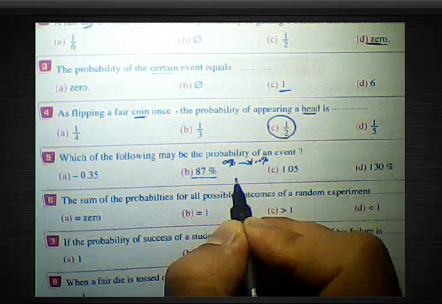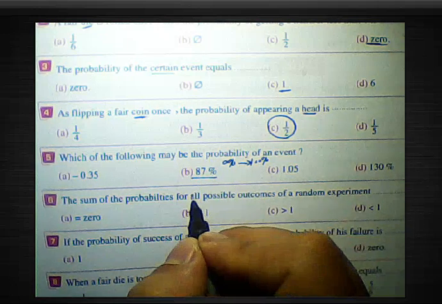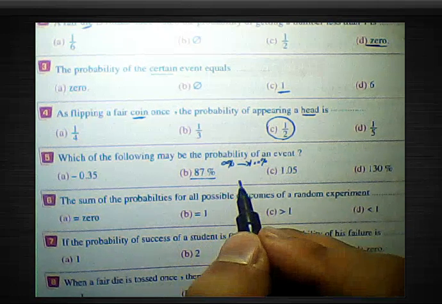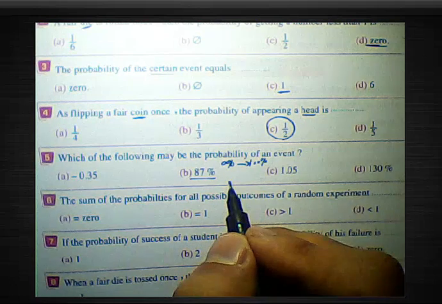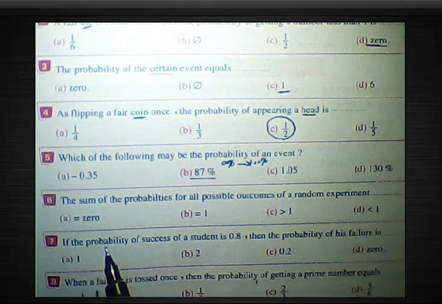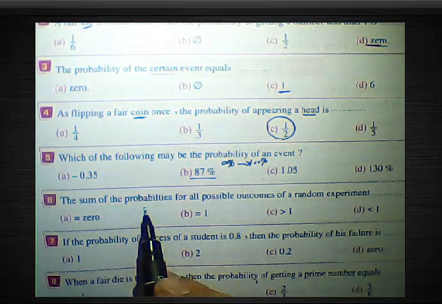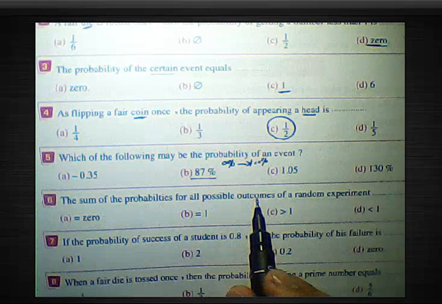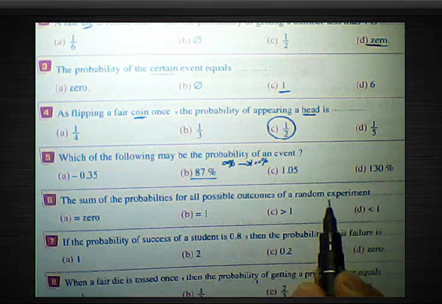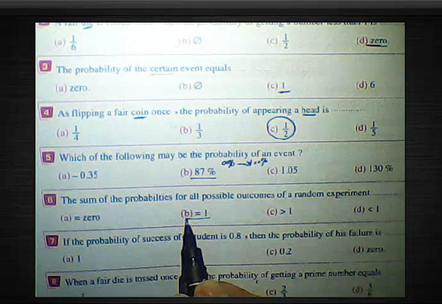He asked about probability, okay, but certain is 1 and impossible is 0. The sum of the probabilities for all possible outcomes of a random experiment equals 1.